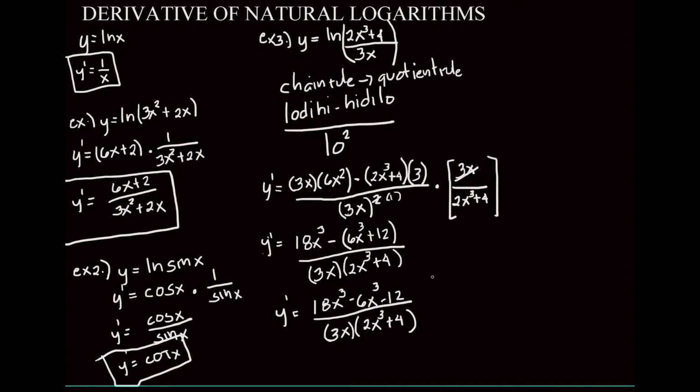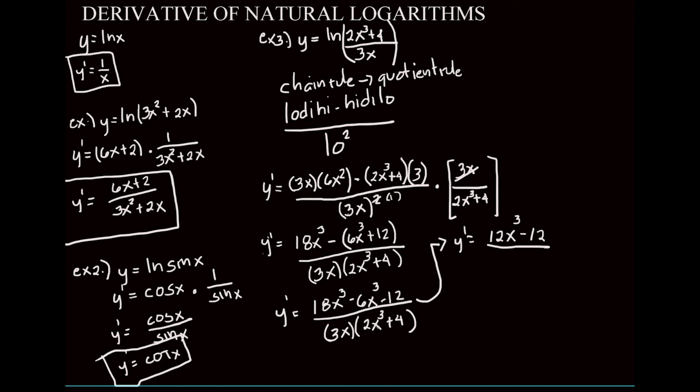So we can now just have y prime is equal to 18x cubed minus 6x cubed. That will just give us 12x cubed minus 12 over, notice guys, I got 2 and I got 4.